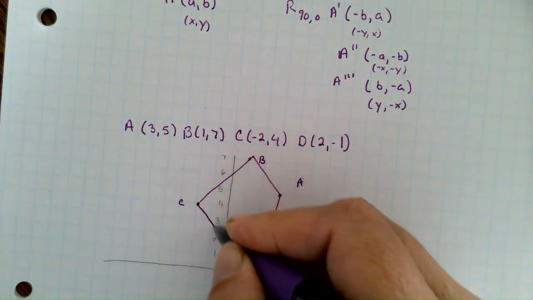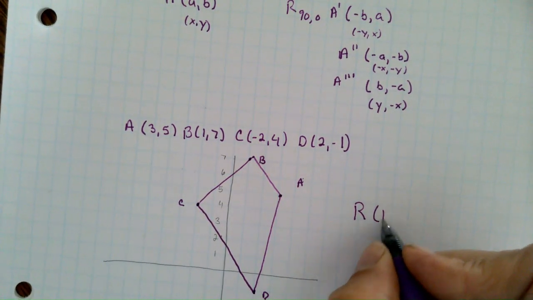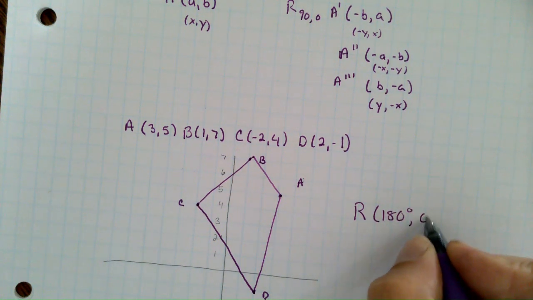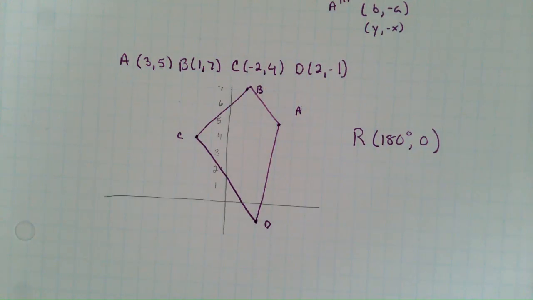We have a quadrilateral, and I want to rotate it 180 degrees around the origin. Okay, well the good news is 180 degrees is a straight line. So as long as I draw a straight line from each of these through the origin, I'm great.